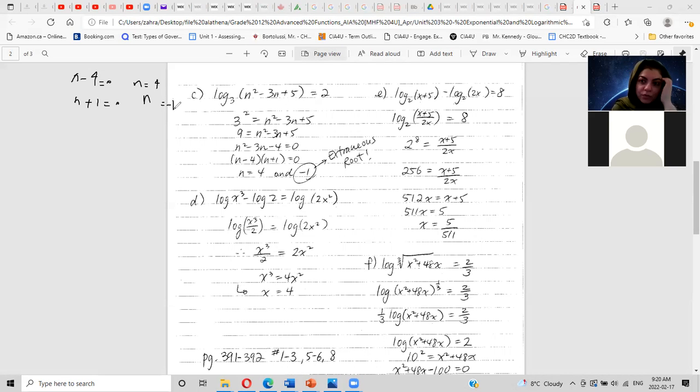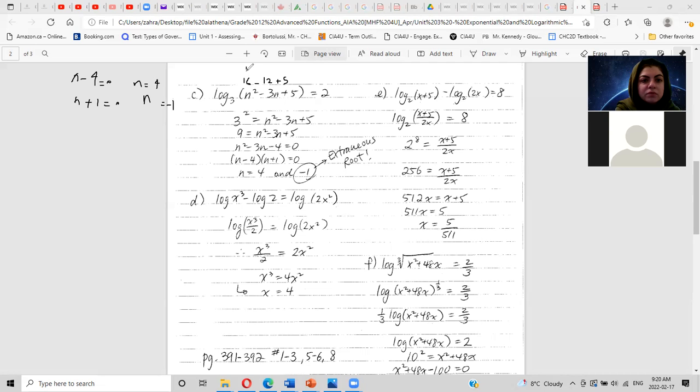Now you have to check both of these to see if what is in front of the log is positive or negative. So I put 4. 4 squared is 16, minus 3 multiplied by 4 is 12, plus 5. As you see, this is positive, so no worries about that. Now check negative 1.